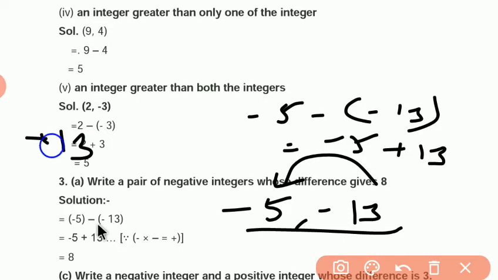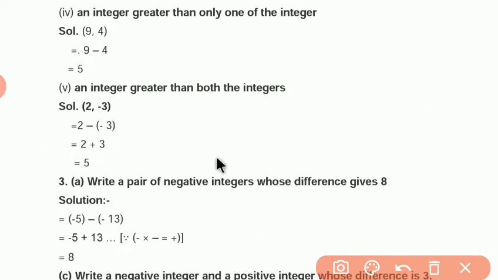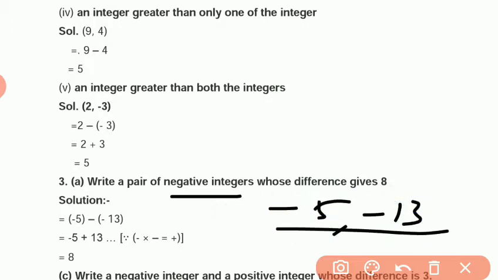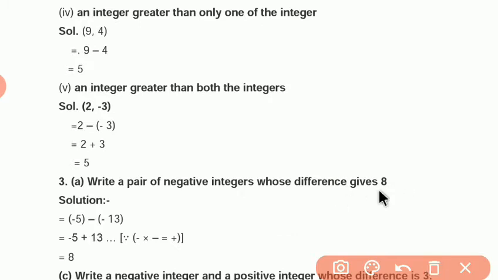Here you have to use the logic that we have to take a pair of negative integers, which means both integers are negative, and we have to find the answer in plus. It means the greater number is in positive sign. So -5, and the difference between the numbers should come 8.